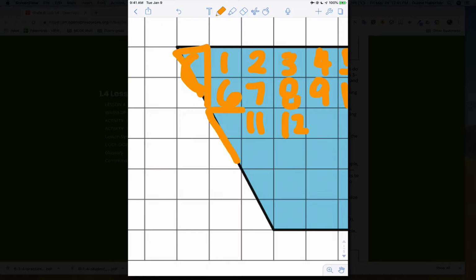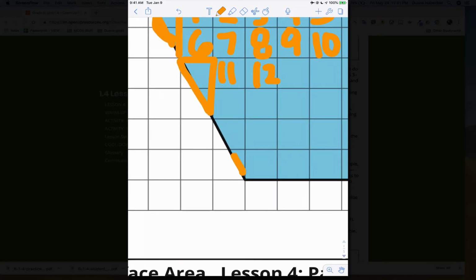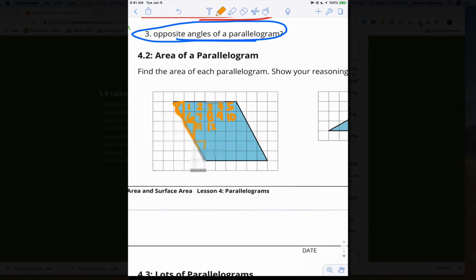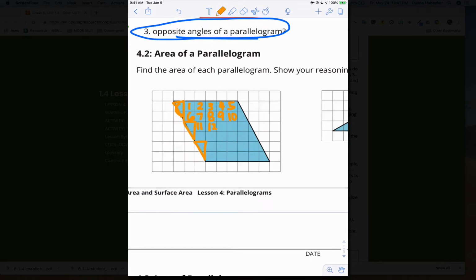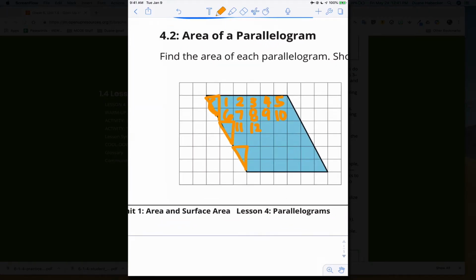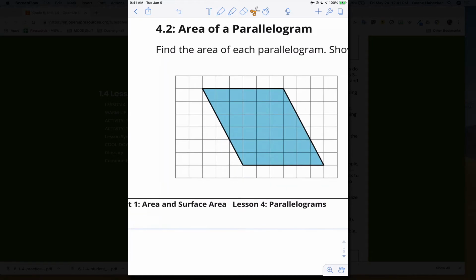They might piece these 2 together equaling 1 and these 2 together equaling 1. And so they might count that way. That's one way that students might attack this problem. It's a fairly simple and appropriate approach with this particular parallelogram.